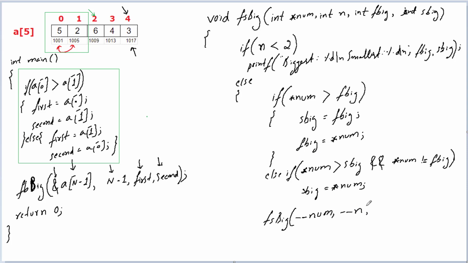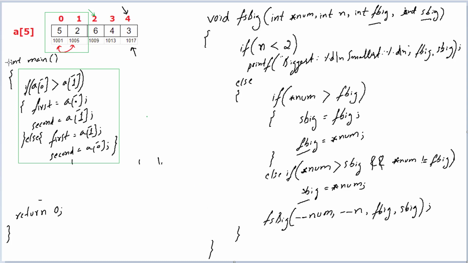Now let me pass the new values of f big and s big, that is first big and second big. Those are present here. F big, let me write that first, and s big. So that's it. At some point n value becomes less than 2.